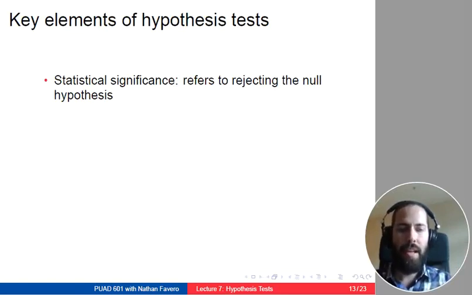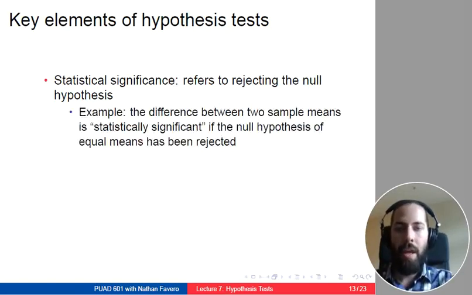So if someone says that the correlation between these two variables is statistically significant, what they mean is that if you had a null hypothesis that there was no correlation between those two items, you would be able to reject that null hypothesis, probably under an alpha level of 0.05. An example of how people use this term is that somebody might say the difference between two sample means is statistically significant, which would indicate that when there's a null hypothesis of the means being equal, that null has been rejected.